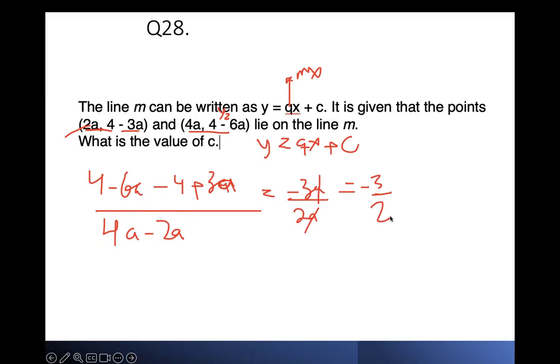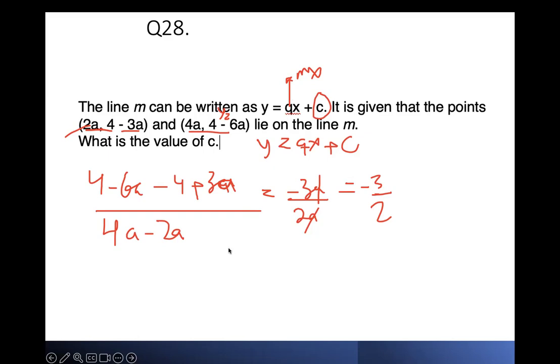Now I've got to find c. c is the constant of a linear equation. You know how to find c. If you have x and y and you have a gradient, c is breezy. We can pick any of the points we want. I prefer this one because the 2 can cancel easily for me.